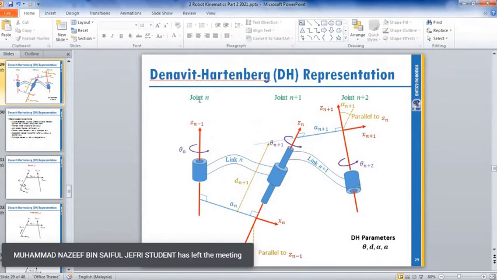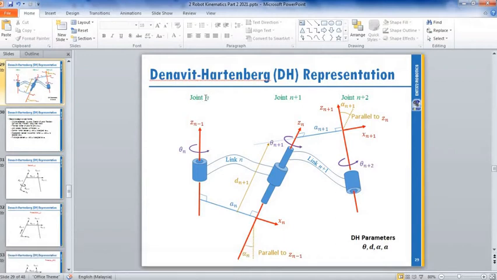So n is a variable. Maybe you start from joint 0, then 0 plus 1 is 1, 0 plus 2 is 2, something like that. And then this is joint 1. So you have a rotation of theta. If your rotation is about the z axis, the angle is named theta. If you rotate about the x axis, the angle is named alpha.